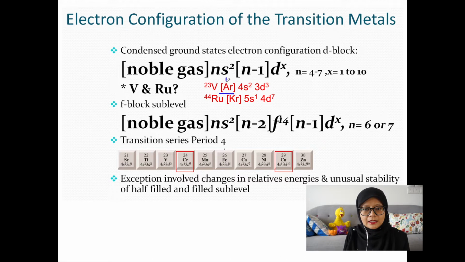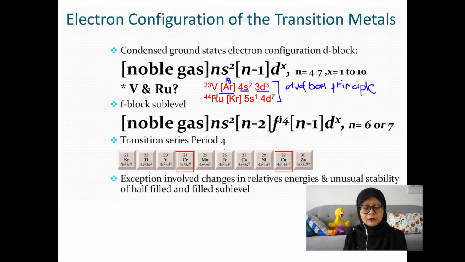This already gives you 18 electrons, followed by 4s2, and then 3d3. This is where we use the Aufbau principle, which we discussed during our first class.